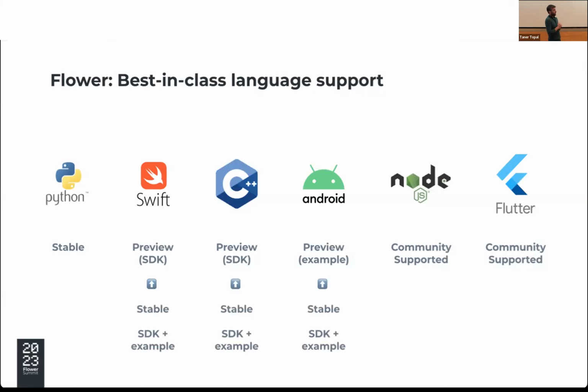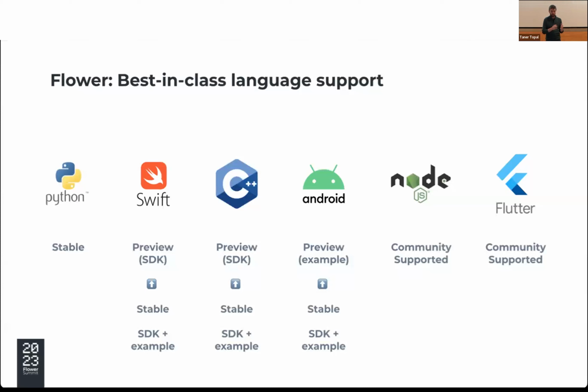Probably quite obvious, but the next step is to really mature those other edge environments like the Swift SDK and the Android SDK. For Android, I mentioned this earlier also, we will use the example that we have and then pull out those components that make up the SDK, and publish the SDK separately, so that someone who wants to build an Android app that uses federated learning can just add this as a dependency to their project and then bring their own model and train their own model on Android devices.